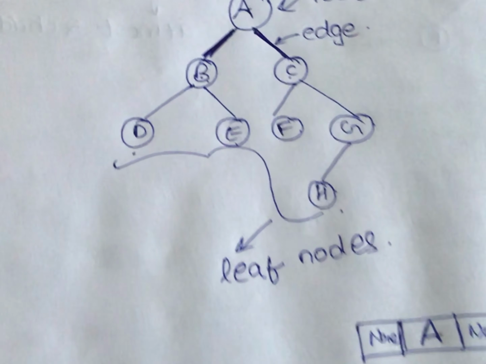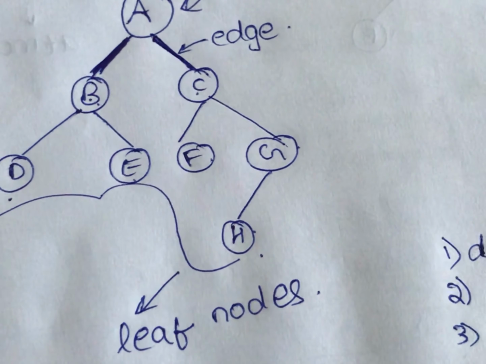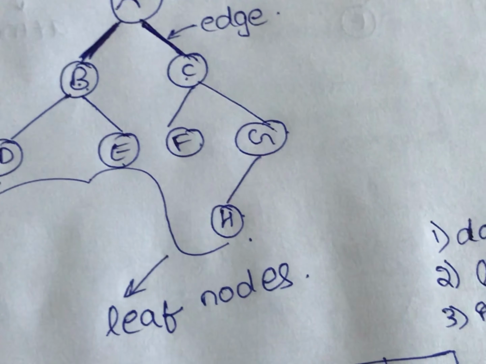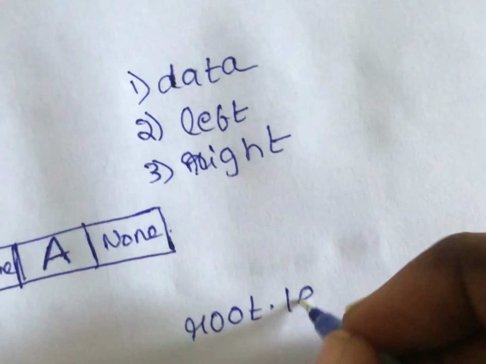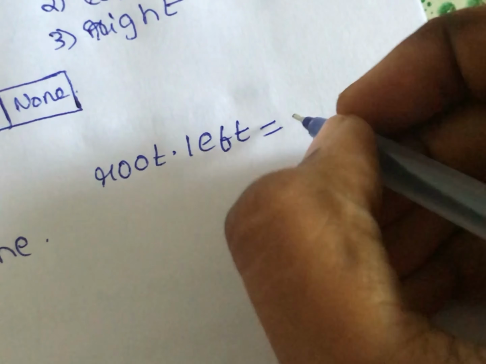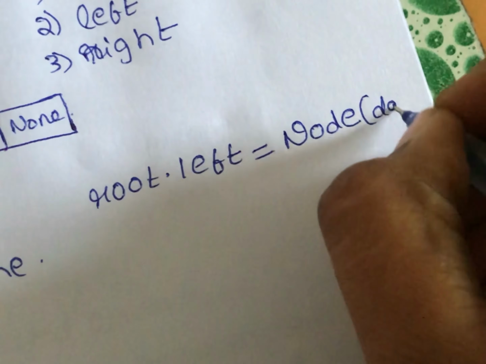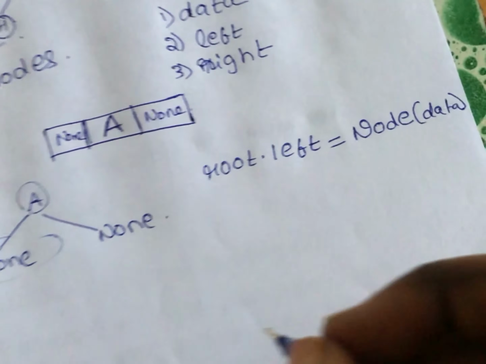Next, while passing it, we will assign root. This is root dot left, equals to, we'll create a class called node. So node of what data you want, that we can place here.